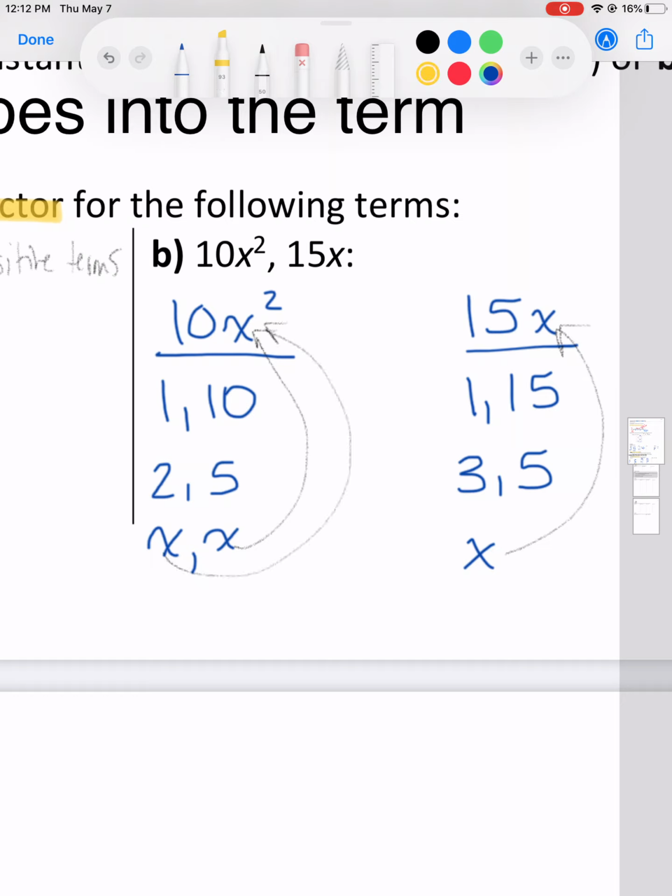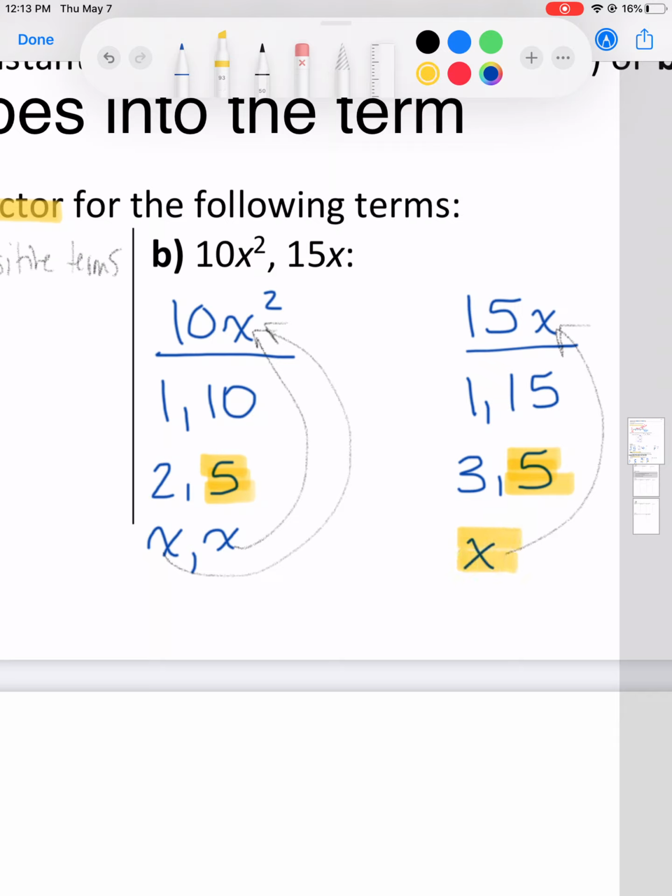So, what number and or letters is the greatest common between 10x squared and 15x? I'm really hoping you guys said 5, because the biggest number here is 5. It's on both sides, because this side doesn't have a 15, and this side doesn't have a 10, right?